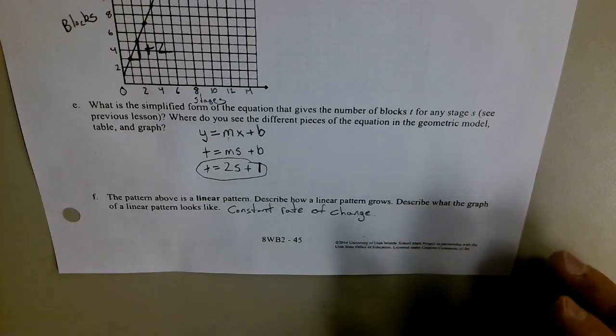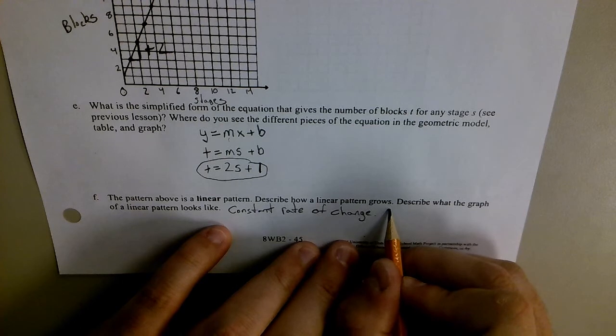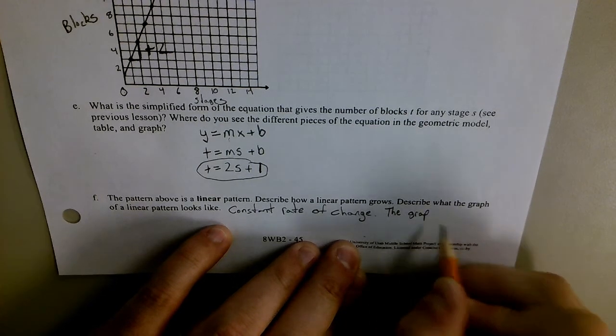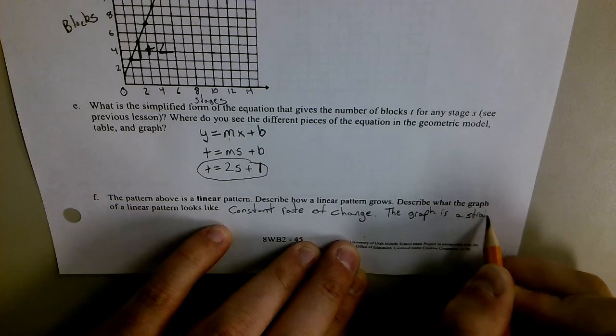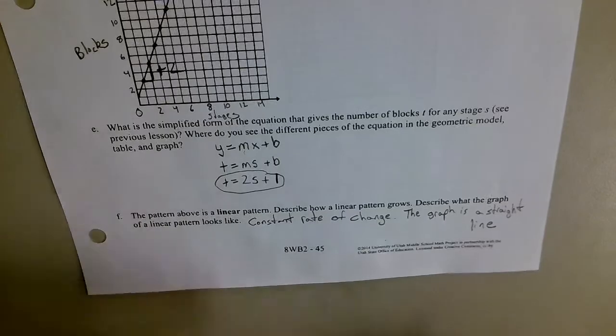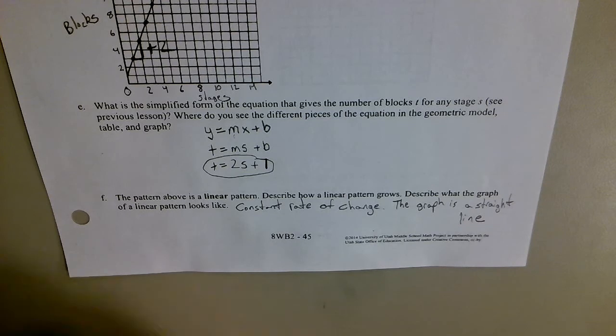The graph of a linear pattern just looks like a straight line. So the graph is a straight line. Linear means a line. Okay?